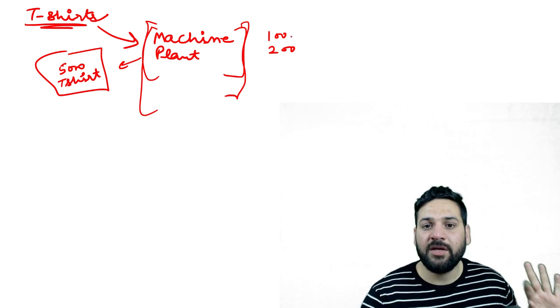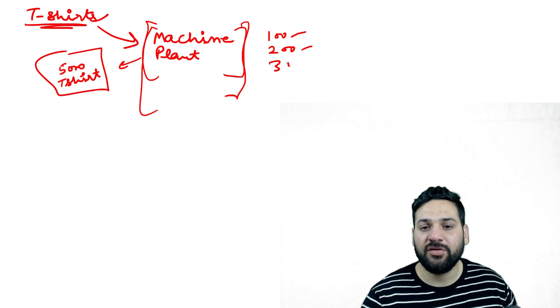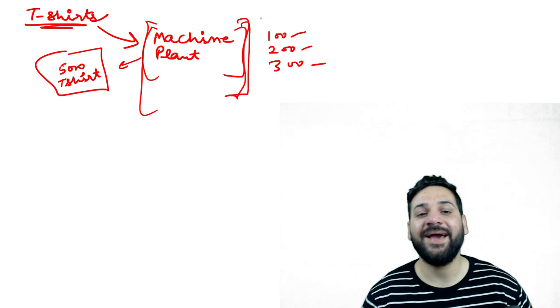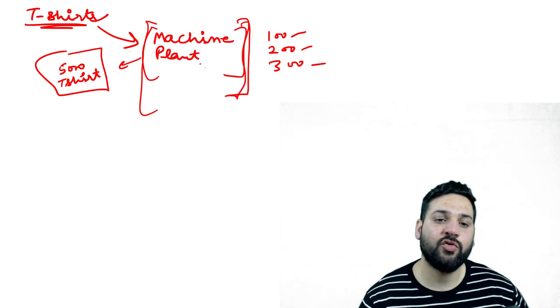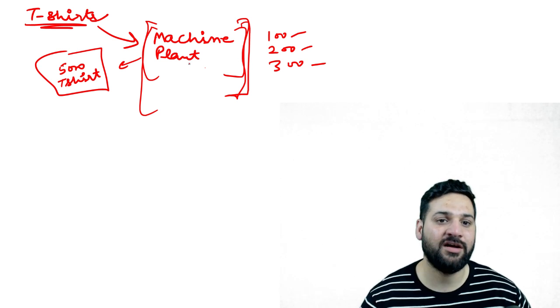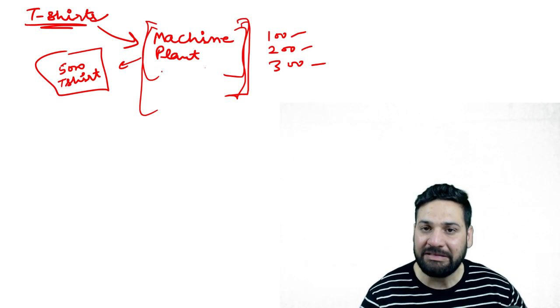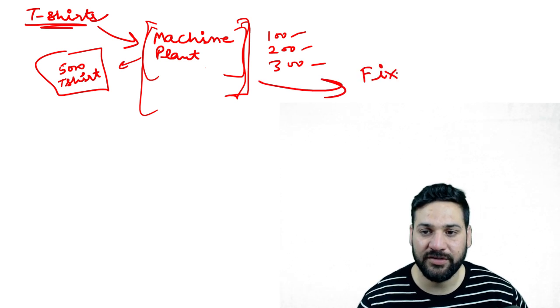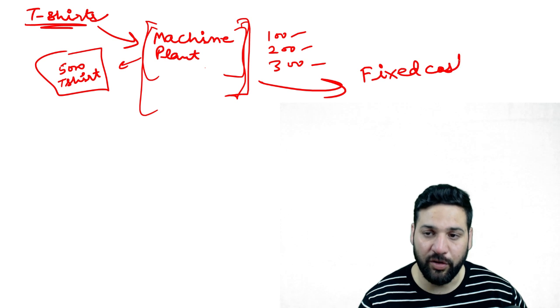Even though you are manufacturing 100, 200, or 300 t-shirts, this expense is there. You need to make this expense to make this capacity. So this capacity making expense, the one-time expense on the machinery, plant, electricity connection, is known as the fixed cost.